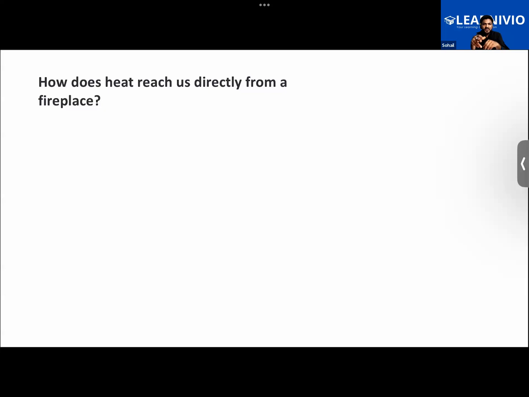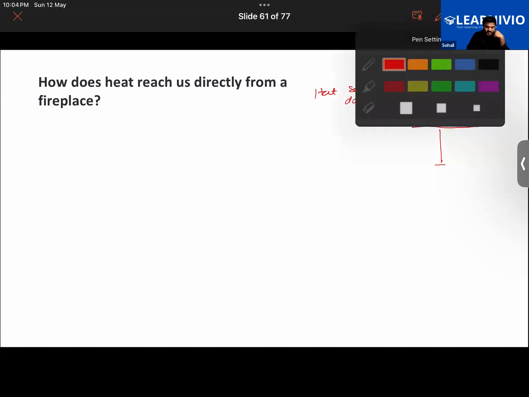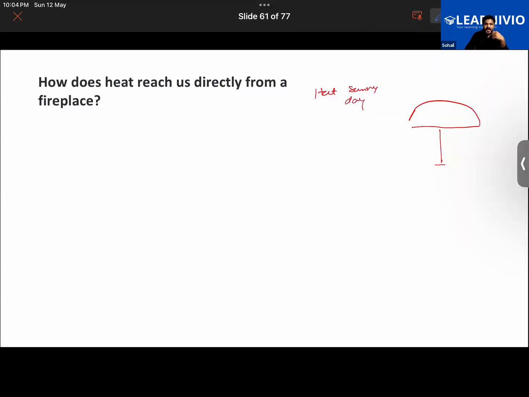Under the shade, do you feel hot? Let's say it's a hot sunny day. What I'm trying to prove here is that radiation does not heat up the air.